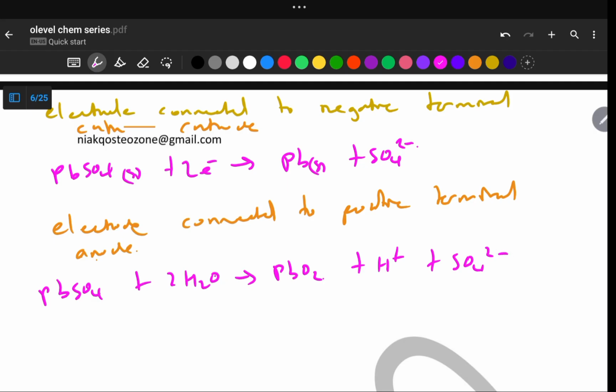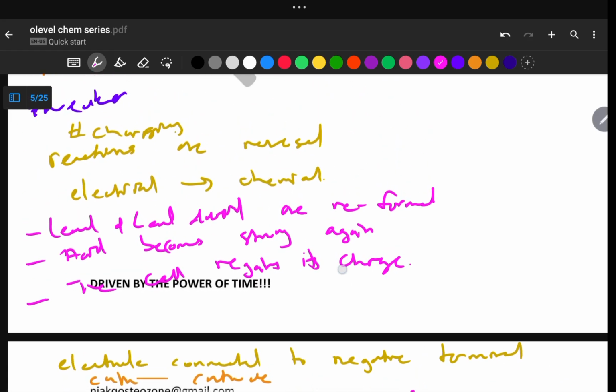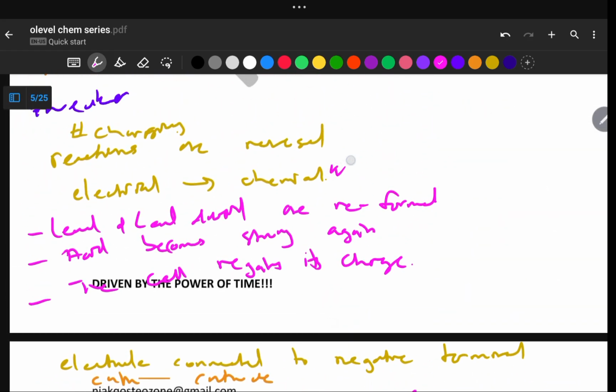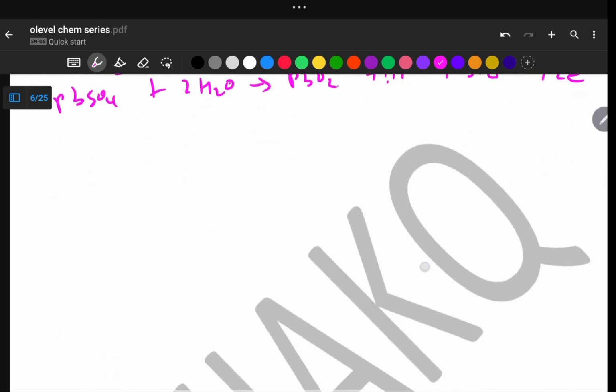To balance, we can have a 4 here, since we are reversing the reactions, and then here we are going to have two electrons. So this is the anode reaction when charging, and this one is the cathode reaction when charging. When charging, the energy change is electrical into chemical, right? So this is what you need to know.